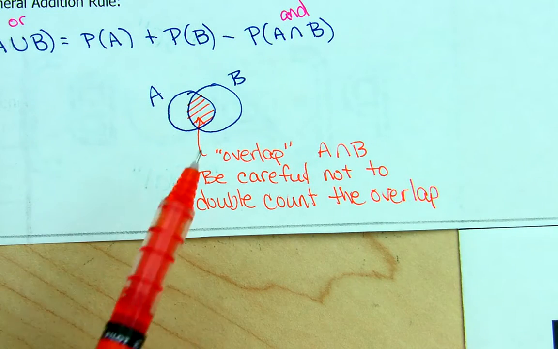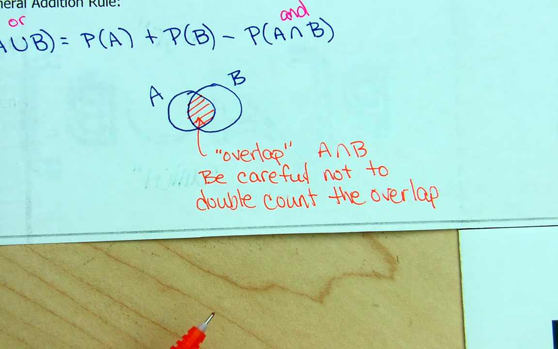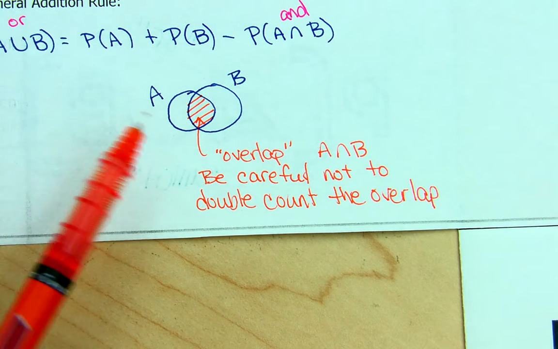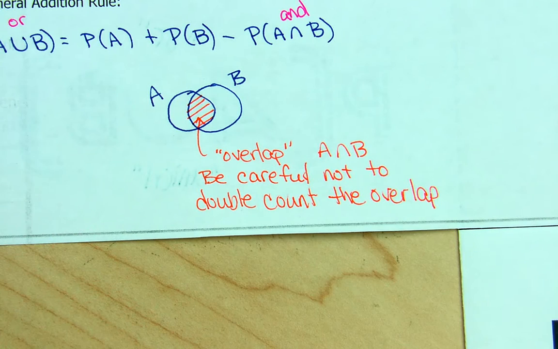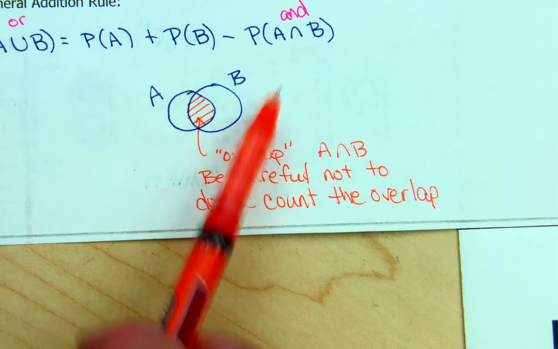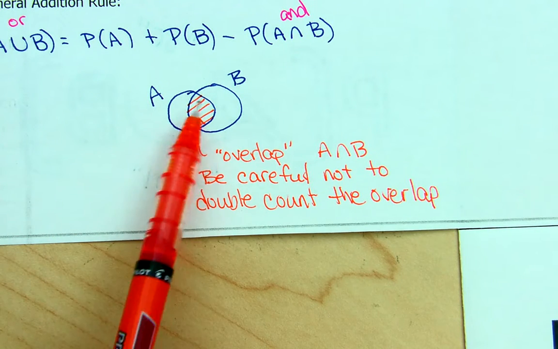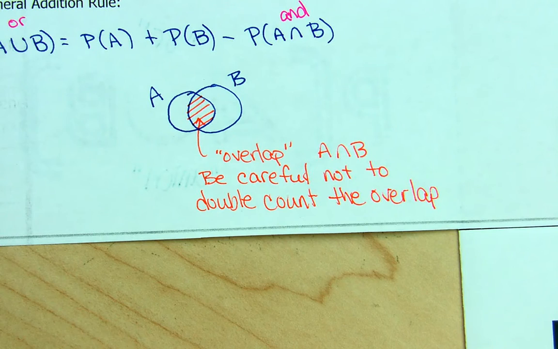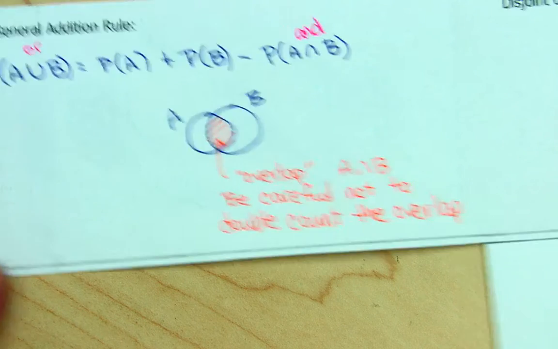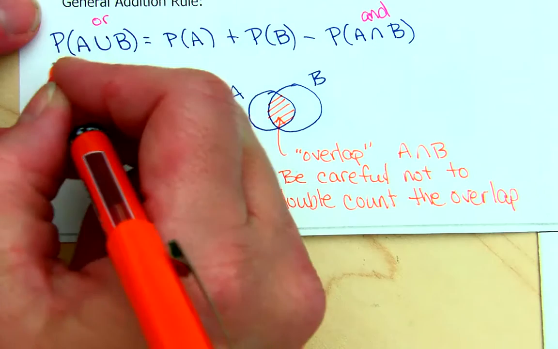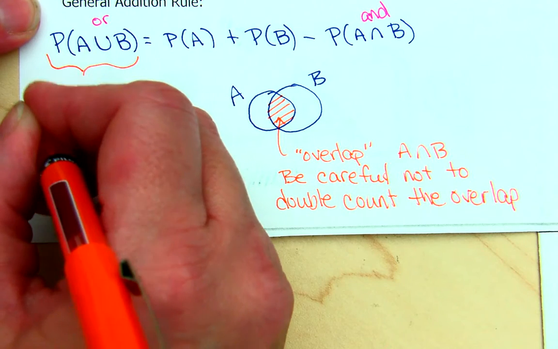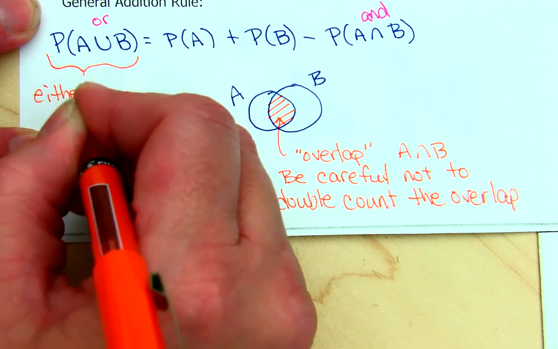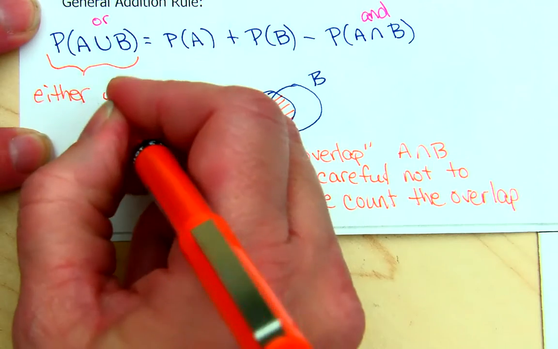People have a tendency, and the way we were doing it before is we said if it's A or B, we add them together. But not if they overlap. If there's something that could be in both, then we don't just do A plus B. We do A plus B and subtract that part out that was counted twice. In general, if we're talking about A or B, this is referring to either A or B or both.